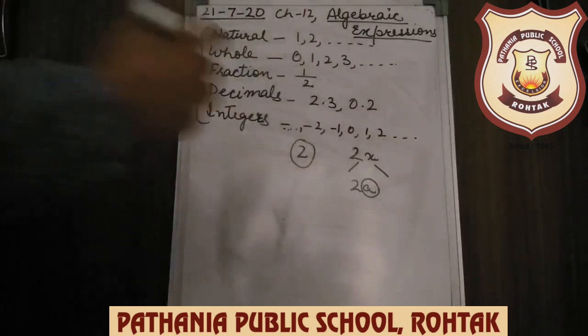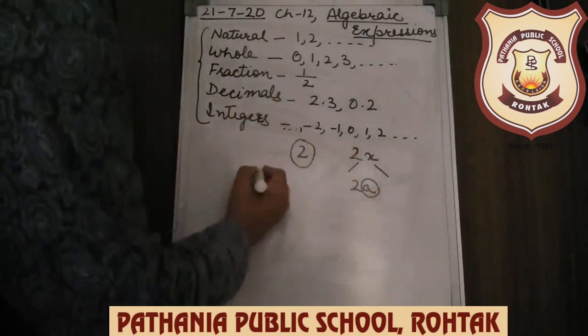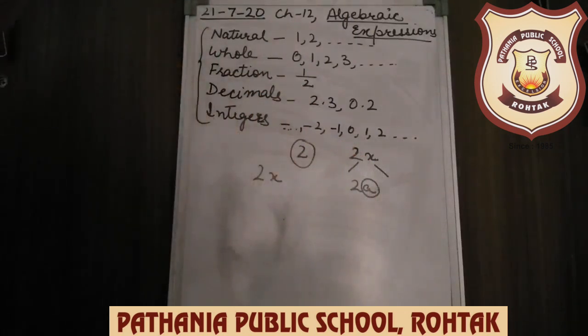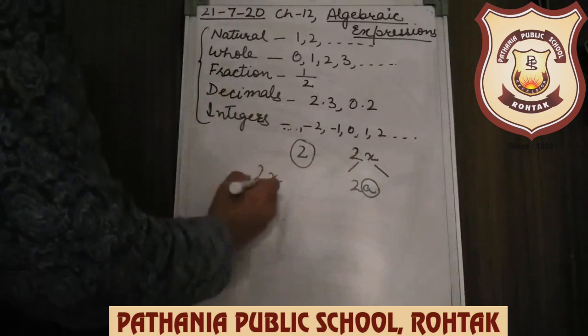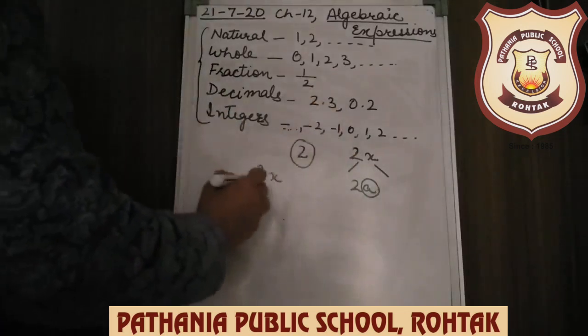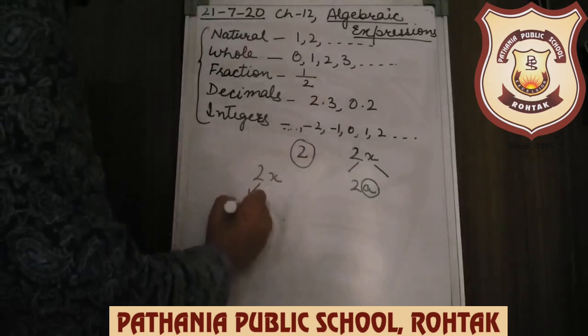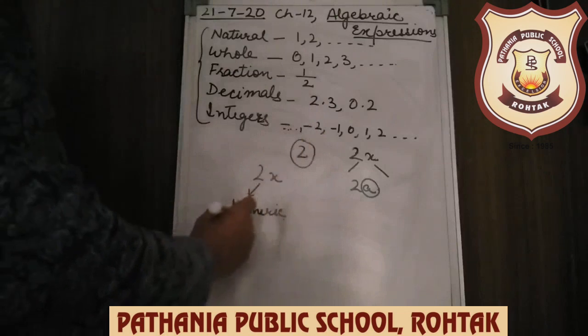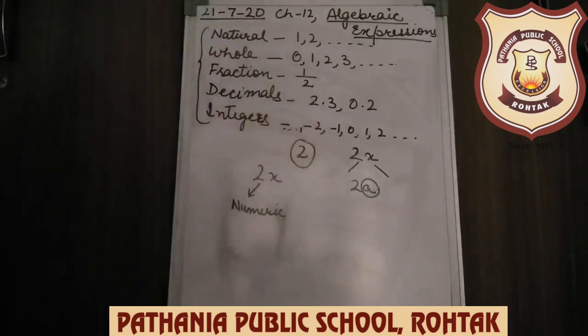Now here, if you see, I have written 2x or 2a. This is just an example to make you understand. This algebraic expression is made up of 2 parts. This 2 is called the numeric number. From the number you can form the numeric value or the numeric part. Is that clear?